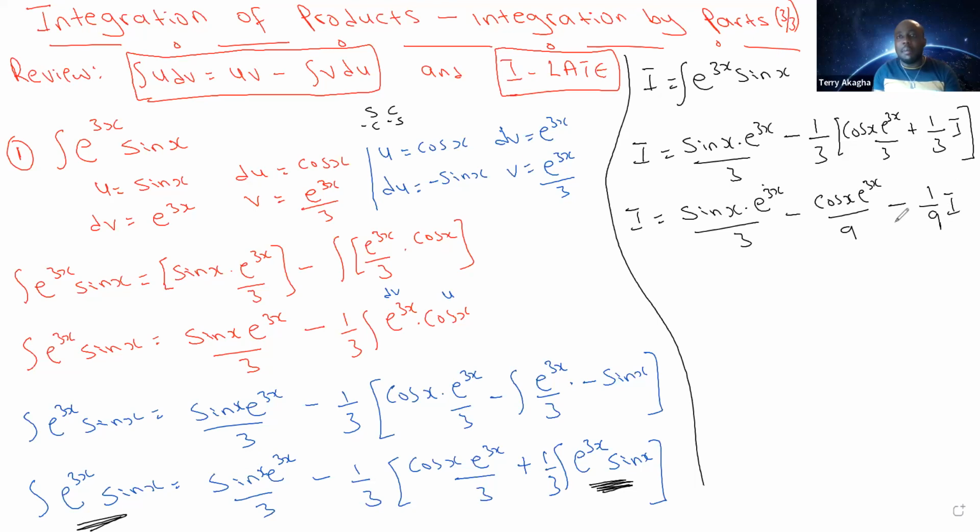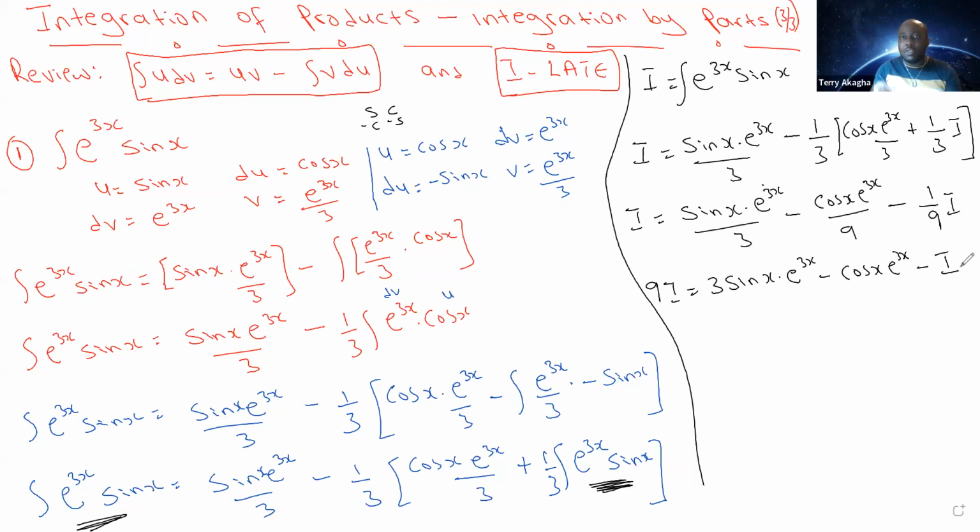So now we have this fraction. I want to multiply both sides by 9, so I'll get this fraction off. So 9I is equal to 3 sin x times e^3x minus 9 cos x e^3x divided by 9, multiplied by 9, minus what? I. Is this making sense?